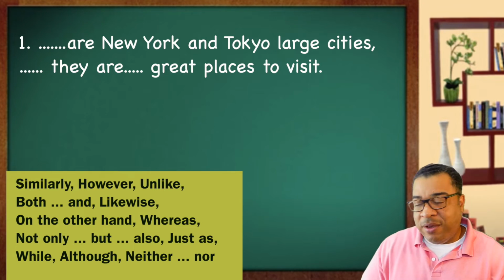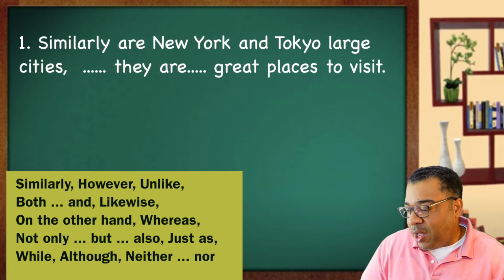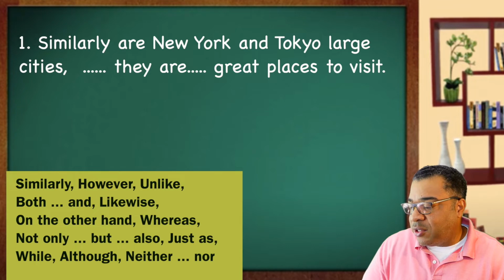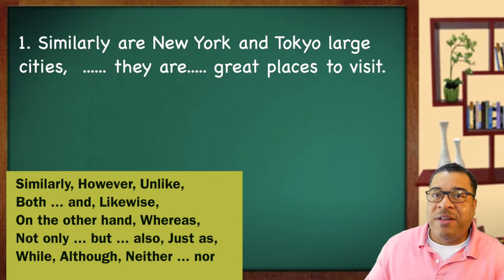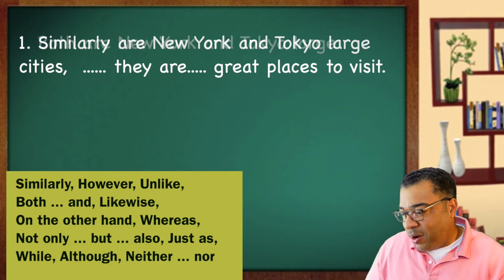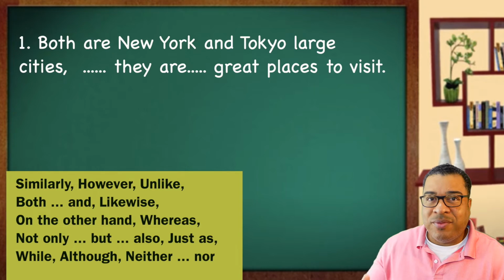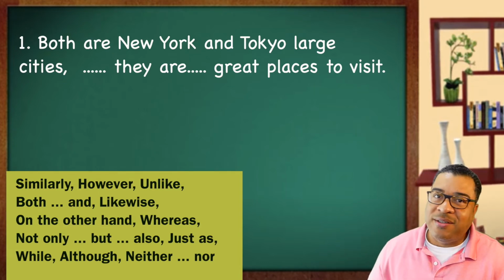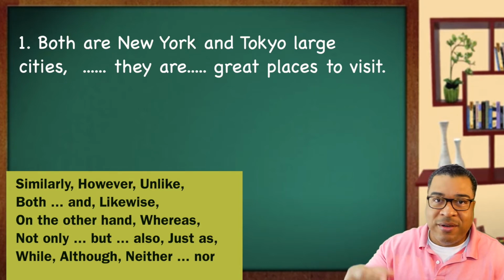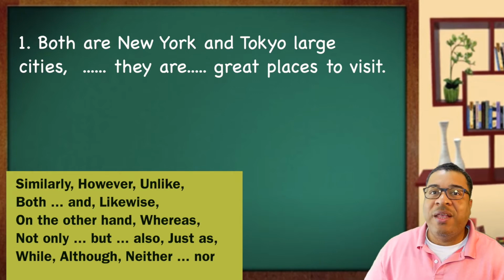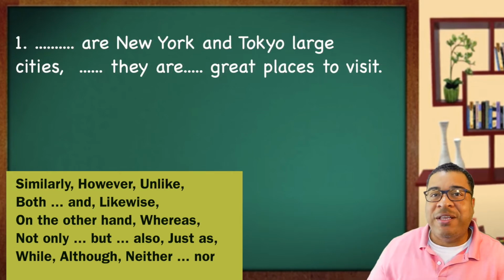So, for example, if I said, similarly, are New York and Tokyo large cities, similarly does not fit there. Grammatically, it's wrong, and it sounds bad. Or, both are New York and Tokyo large cities. Both are? That does not fit. Grammatically, it's wrong, and it doesn't sound right. There's only one word that will fit in these blanks.